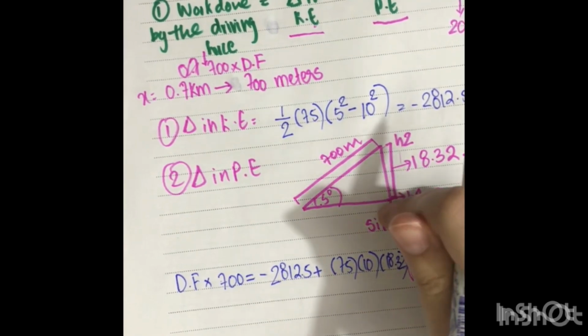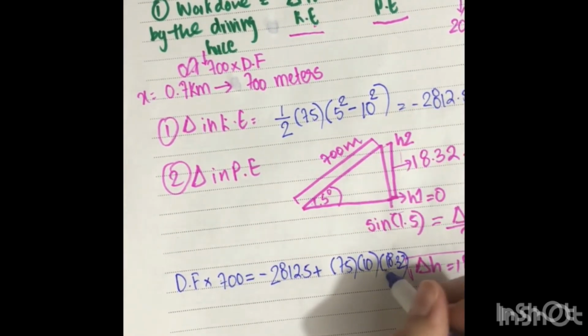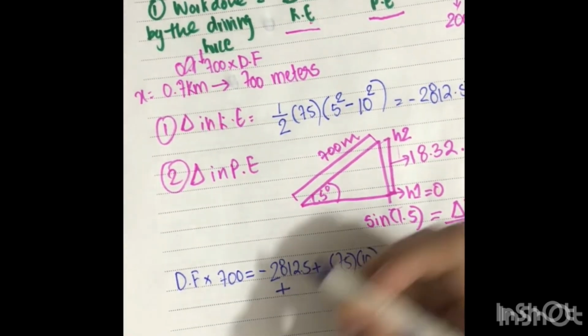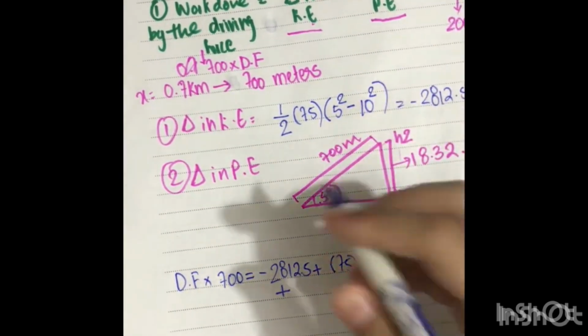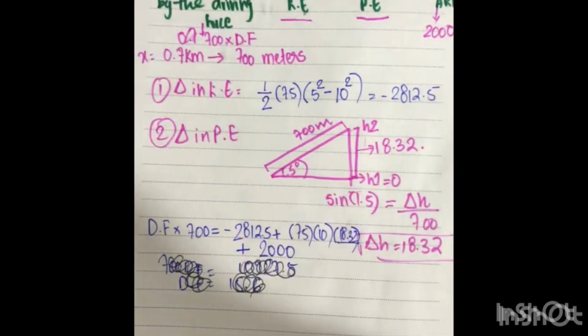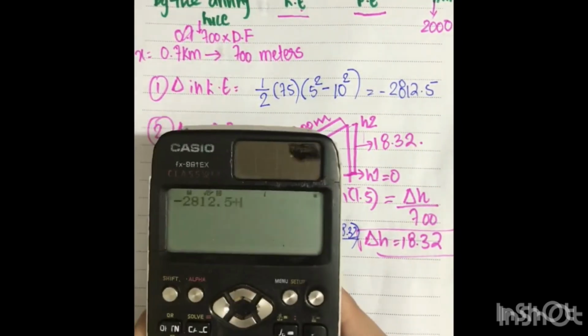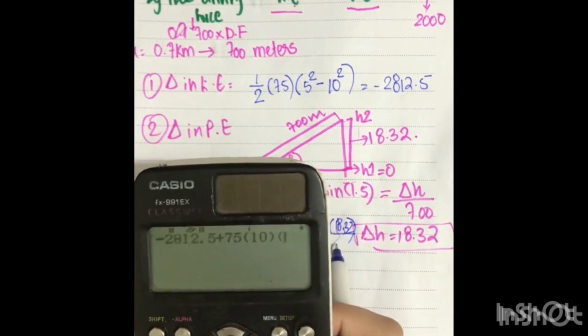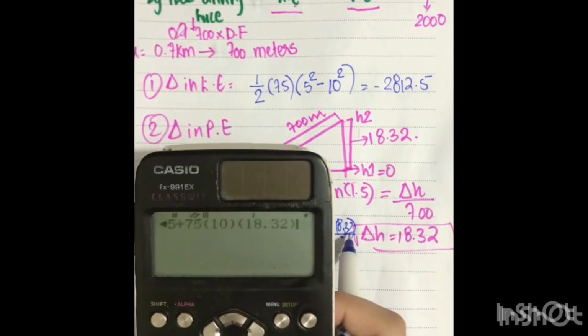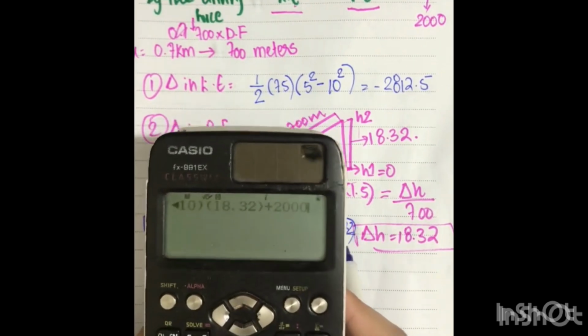Because there is an increase in height, this will be positive, plus the work done against resistive force, which is 2000. So this side is equal to negative 2812.5 plus 75 times 10 times 18.32, plus 2000.